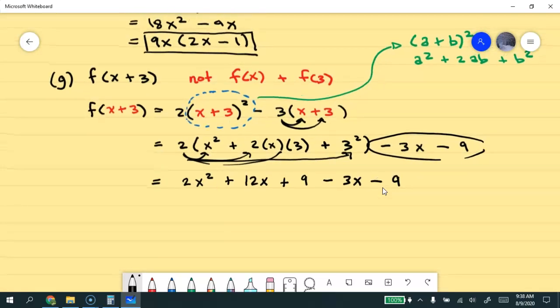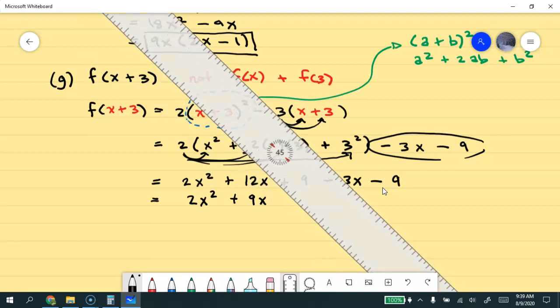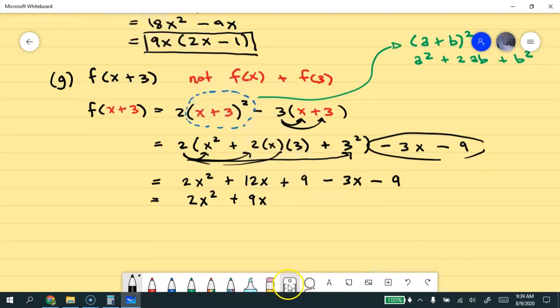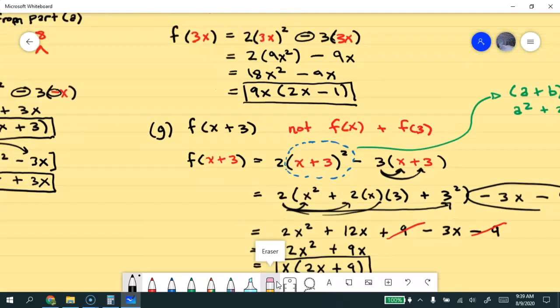So putting things together, we end up with 2x squared, 12x and minus 3x make a plus 9x, and plus 9 and minus 9 cross one another off, right? So they're not there. And again, notice that you can factorize this a little bit. This becomes x multiplied by 2x plus 9. All right, so now we found f of x plus 3 as well.